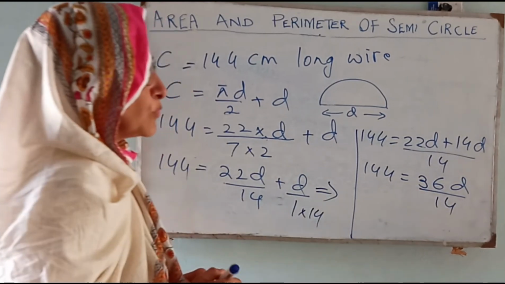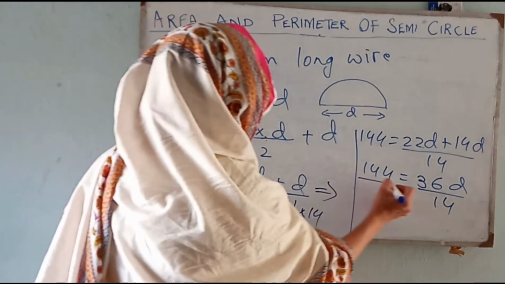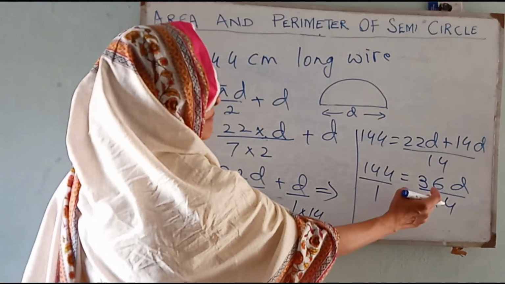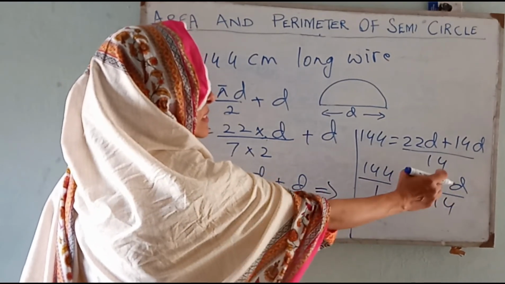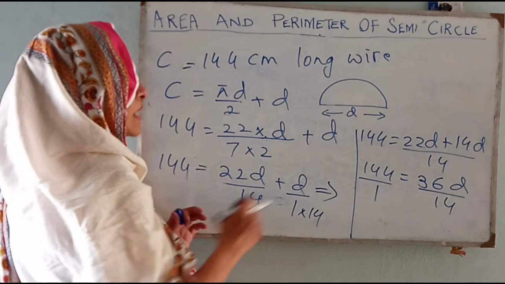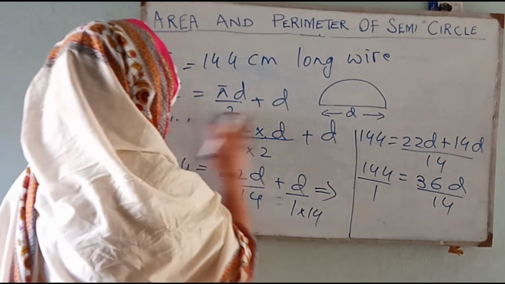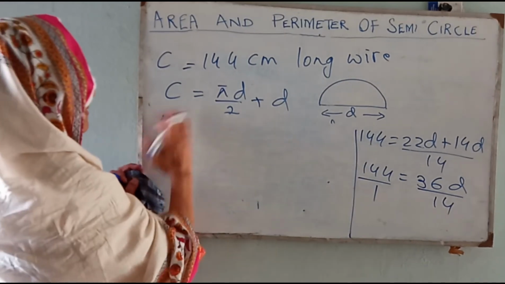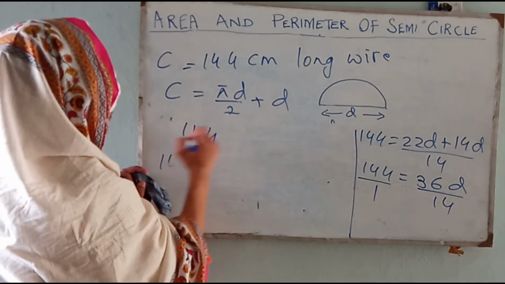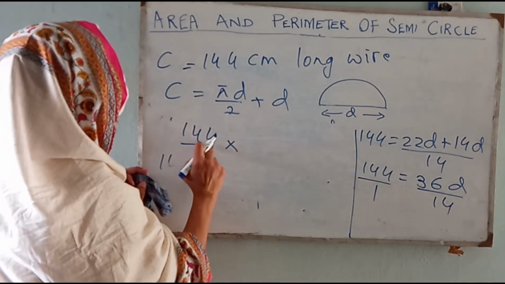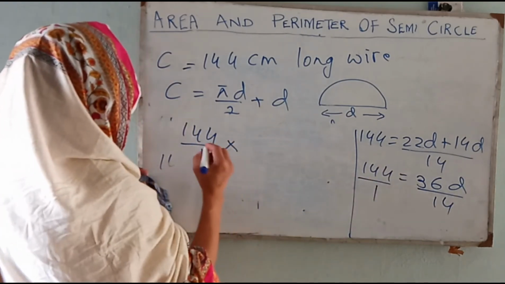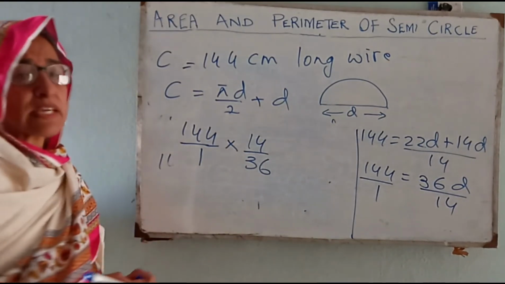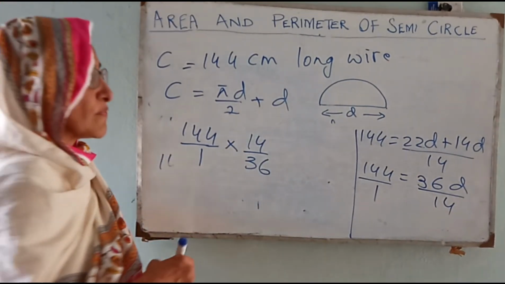Now whenever we have fractions on both sides of the equal sign, we can cross multiply them, or you can take the reciprocal of this. When I take the reciprocal, it is going to be 144 multiplied by the reciprocal of 36 by 14, which will be 14 by 36. When I say reciprocal, that means the reverse of it.